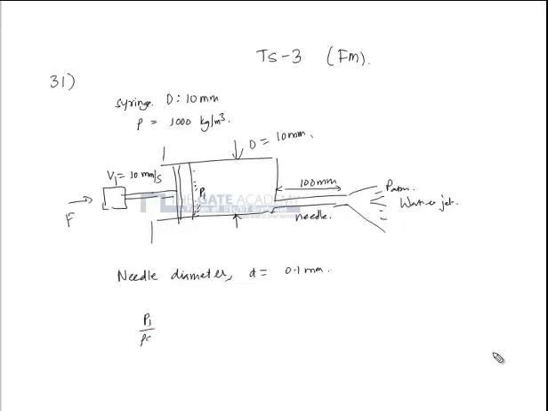So P1 by rho g plus V1 square by 2g, and assuming that everything is at the same level, the potential energy terms Z1 and Z2, the potential head terms, we can neglect, because there's not much change in the height.